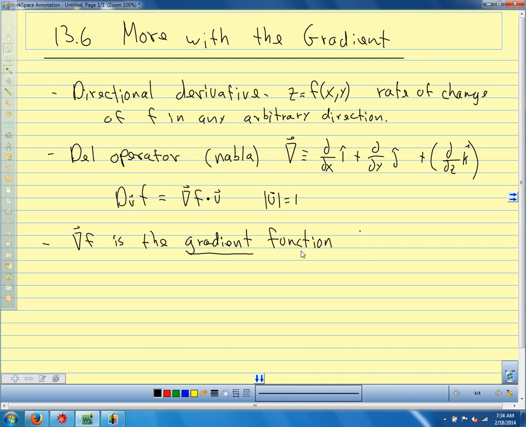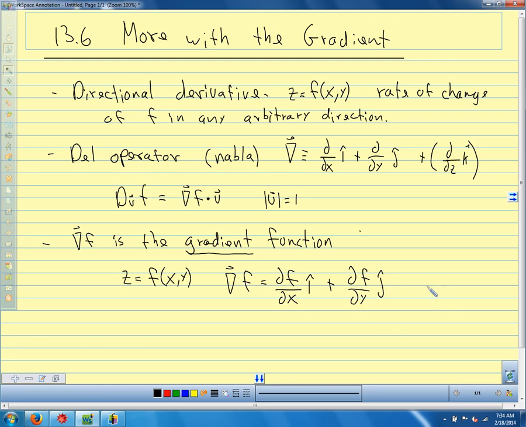So if we had, just to reiterate, z is f of x y, del f is df/dx i plus df/dy j. So we've operated on f with del.